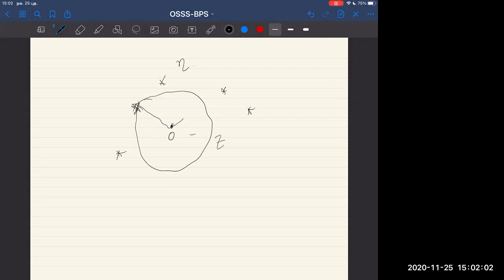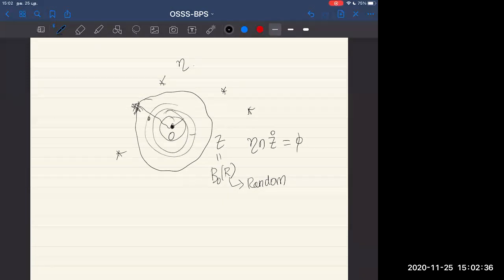Z is a random closed set such that eta intersected with the interior of Z is empty, and starting from the origin, Z is a ball of radius r, where r is random. This stopping set is very easy to construct because from the origin, I keep growing balls. The first time I hit a point, I stop.